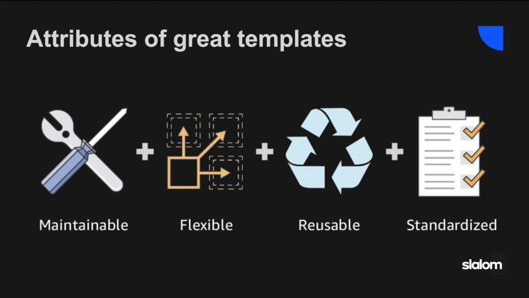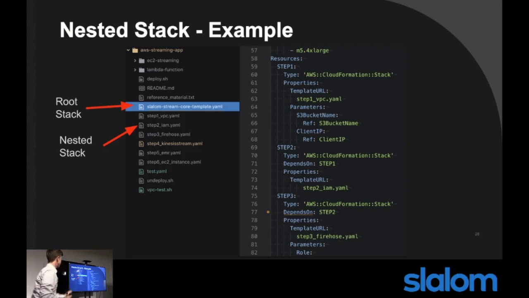The answer is yes. If we want to look at that, I kind of glossed over this, but we're seeing step 1. Here are the parameters going into that stack. I don't have the rest in the screenshot. I'll show you in the actual deployment.